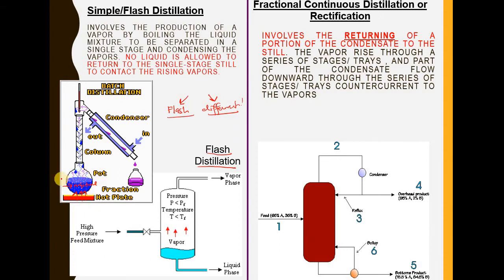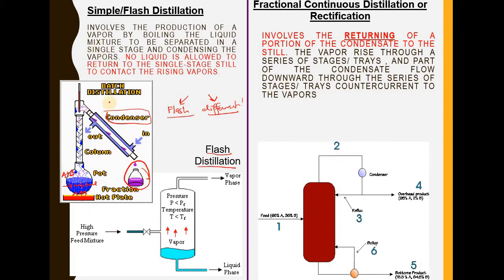For example, if I have component A and B, component A with the low boiling point will vaporize first. The vapor that escapes the flask will be condensed in the condenser.